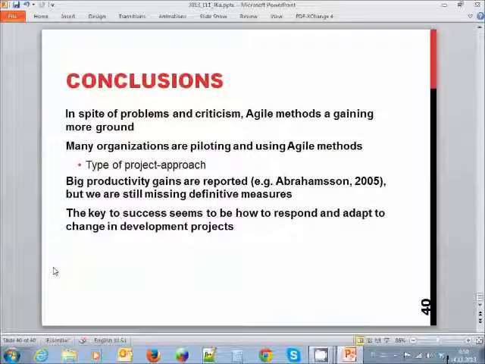Anyway, well, during the 90s it was said that Agile methods will replace all the traditional approaches. Well, it didn't happen. At the turn of the century, people were saying that now the Agile methods will replace all the traditional approaches. Well, it didn't happen.